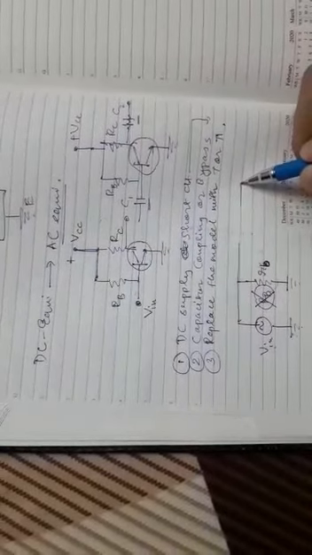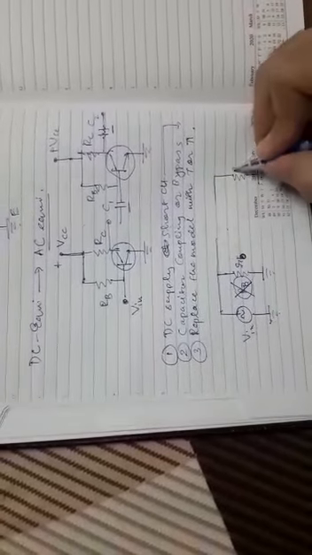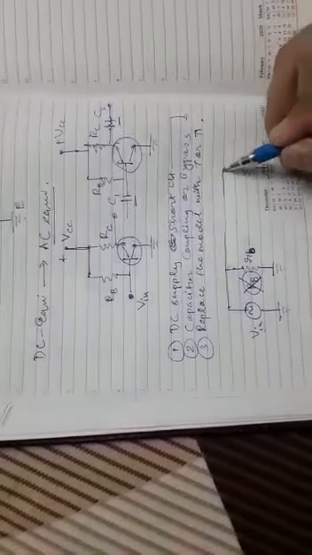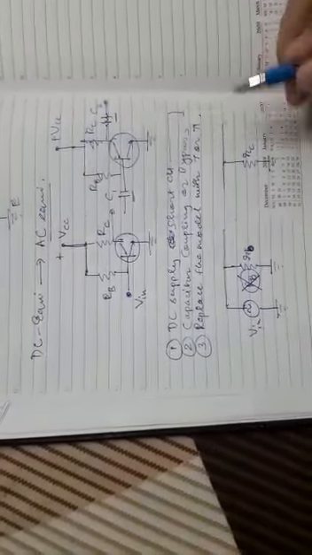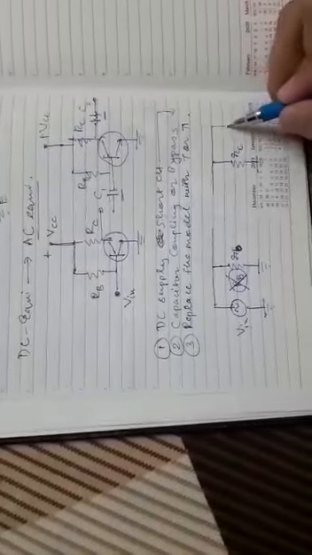After that, the transistor part will be there, and here will be the RC resistance. Right now we are writing the RC like this, and if there is a load resistance, we can show it like this, that this is our load resistance.